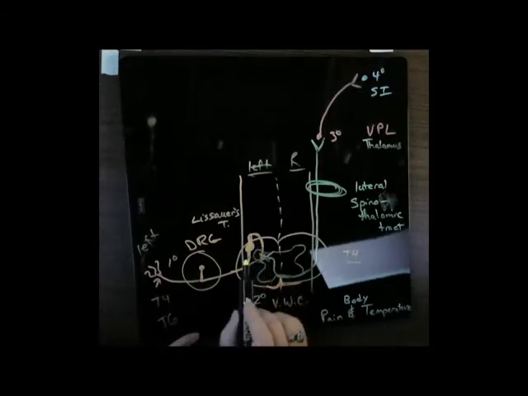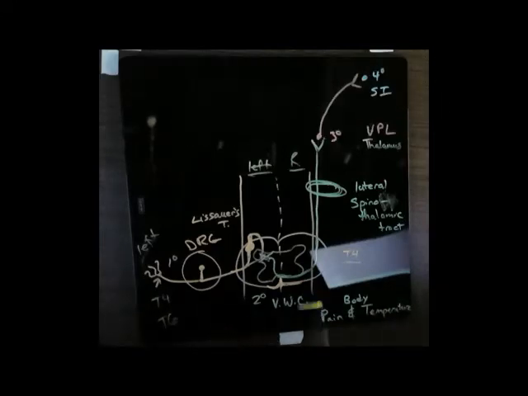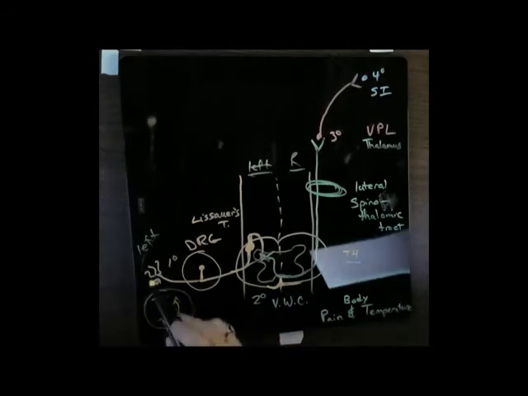Many of them will ascend. So if the lesion is at T4, the ones that entered down at T6 came up and ascended to the level of T4, so your pain and temperature loss will be from T4 to T6, and perhaps even more than that, but this will be the most severe loss. Okay, loss of pain and temperature on the left side with a left lesion.